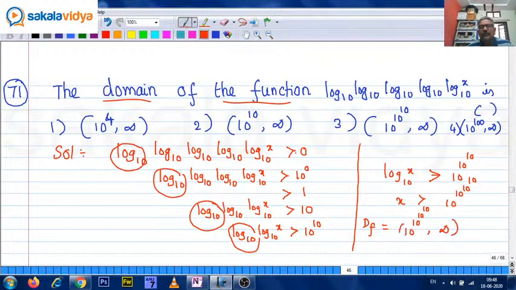You'll get it now. So now we need to match the option. This is the third option.